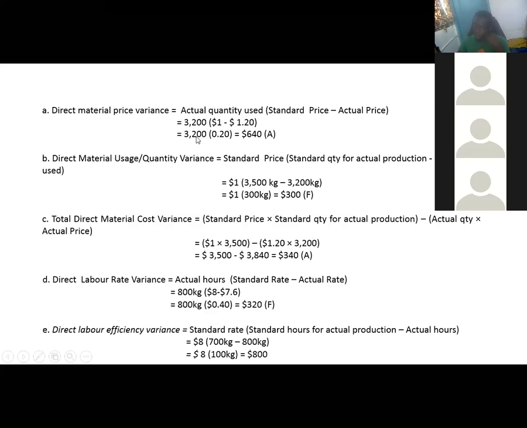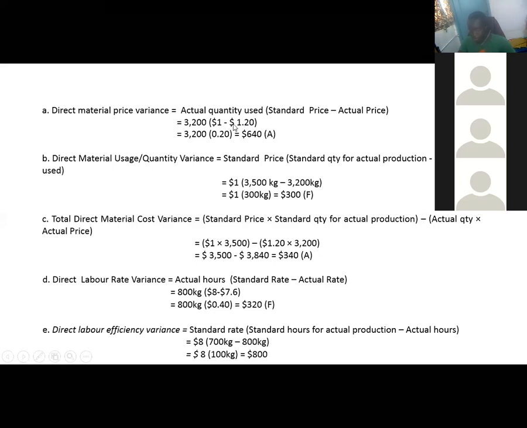3,200 will be outside the bracket. Now we find the difference between the figures that are in bracket. When that is done, this is what you have: 0.20. This is positive when you subtract this from this. Is it positive or negative?